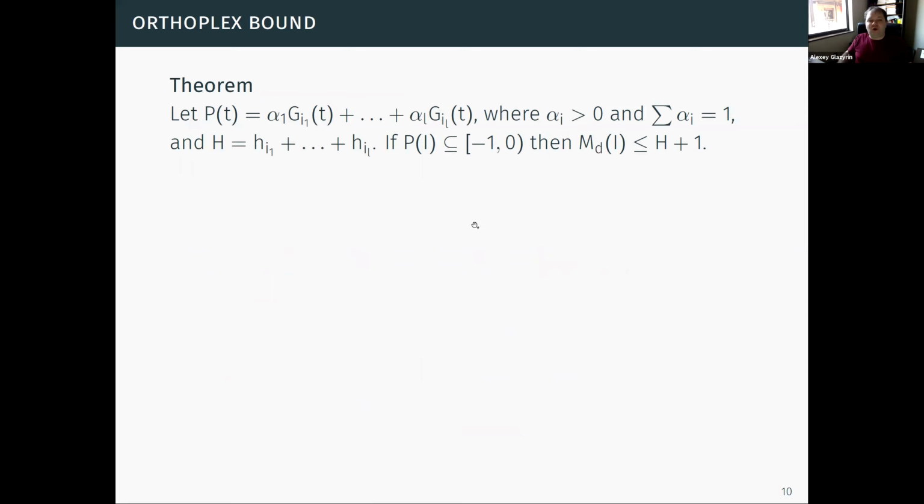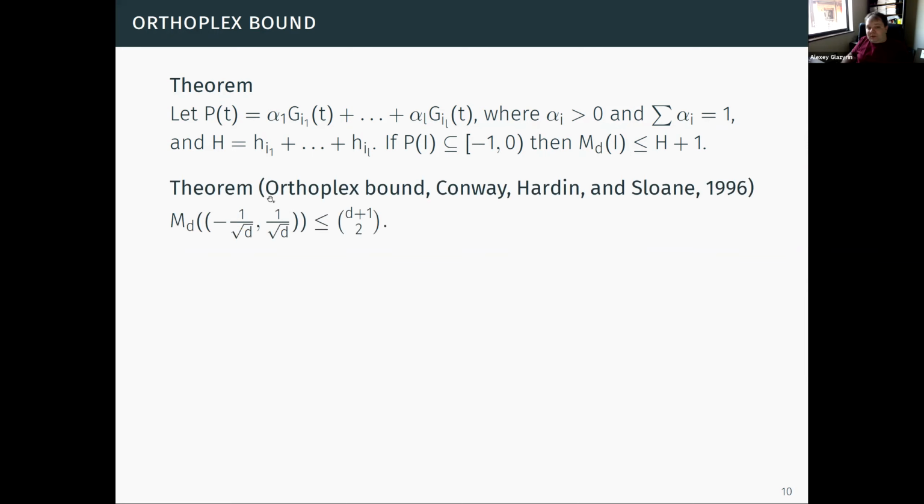Well, so why don't we use our approach, our tool, and combine it with this Davenport-Hajnal bound? If we can find a linear combination of Gegenbauers so that it's mapped to a negative interval, then the number of points is no greater than the dimension where we map plus 1, because that's exactly what the Davenport-Hajnal bound is.